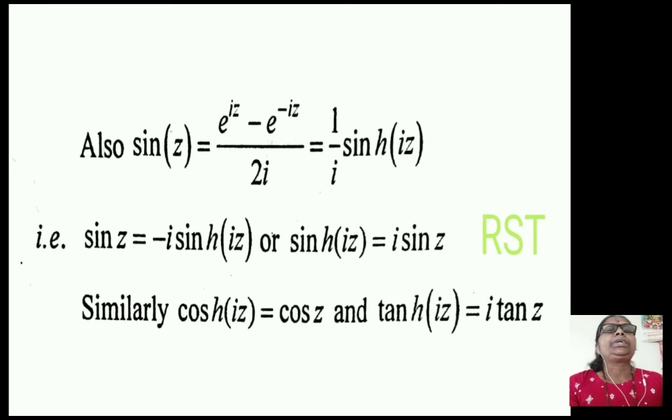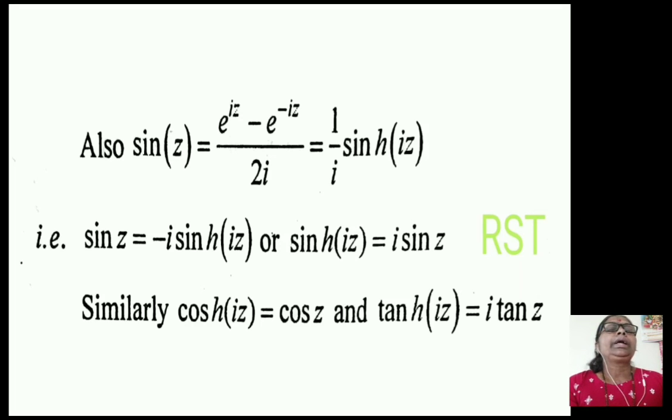That is sin of z equal to minus i sine hyperbolic iz, since 1 upon i equal to minus i. Replace here 1 by minus i square and divided by i, so that we get minus i term, and sine hyperbolic iz as it is, or sine hyperbolic iz equal to i sin z.